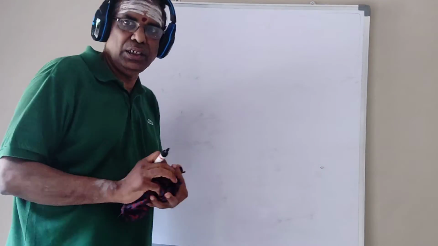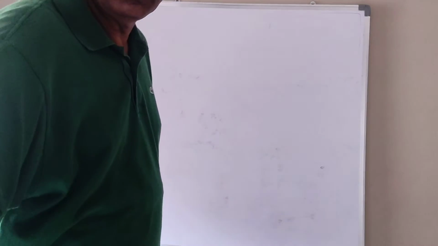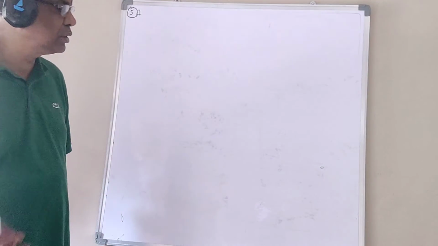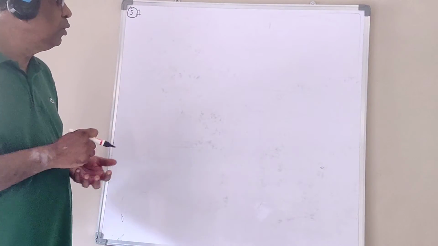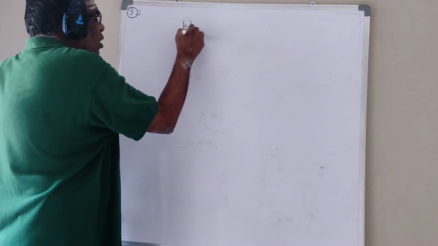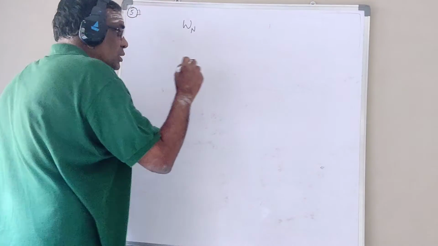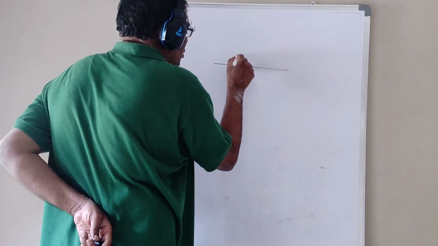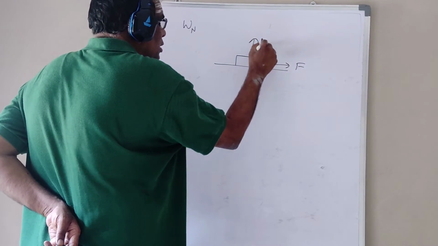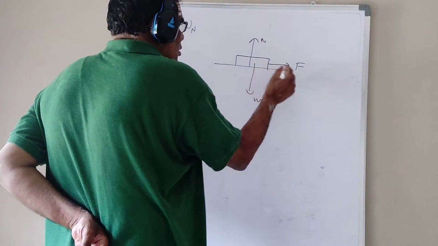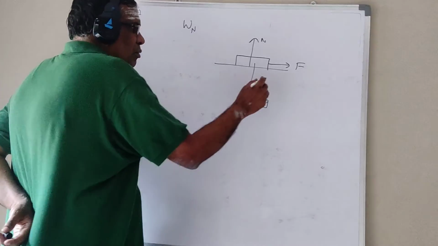This is about the frictional force, work done by friction. So, what is work done by normal force? Now, this is crucial. Look, I am applying my force. This is N, this is Mg, and what is this?